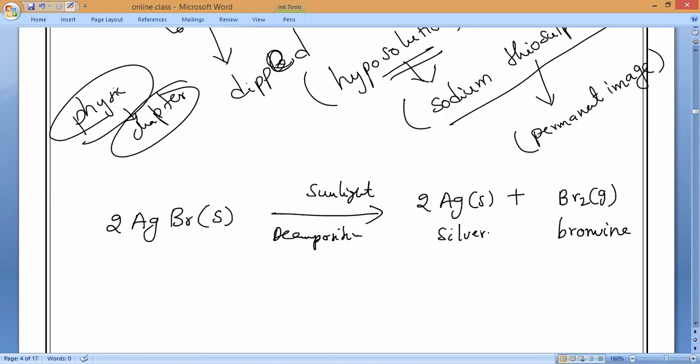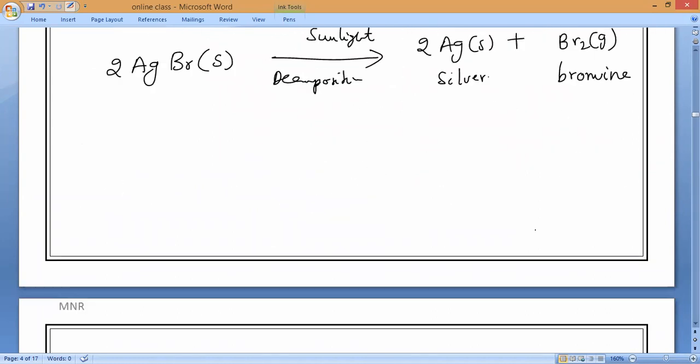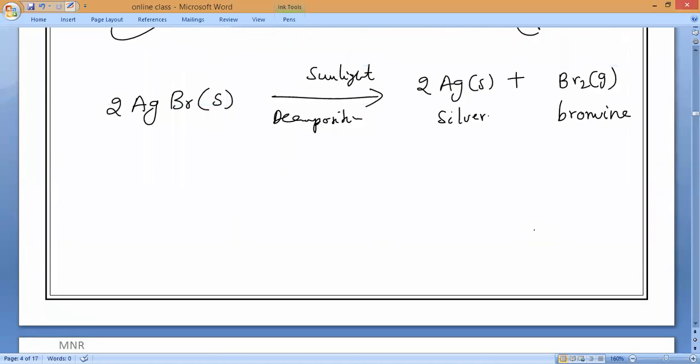Yes, all of you. Now, you can also take the silver iodide reaction. Silver iodide decomposition works the same way. What is the formula of silver iodide?